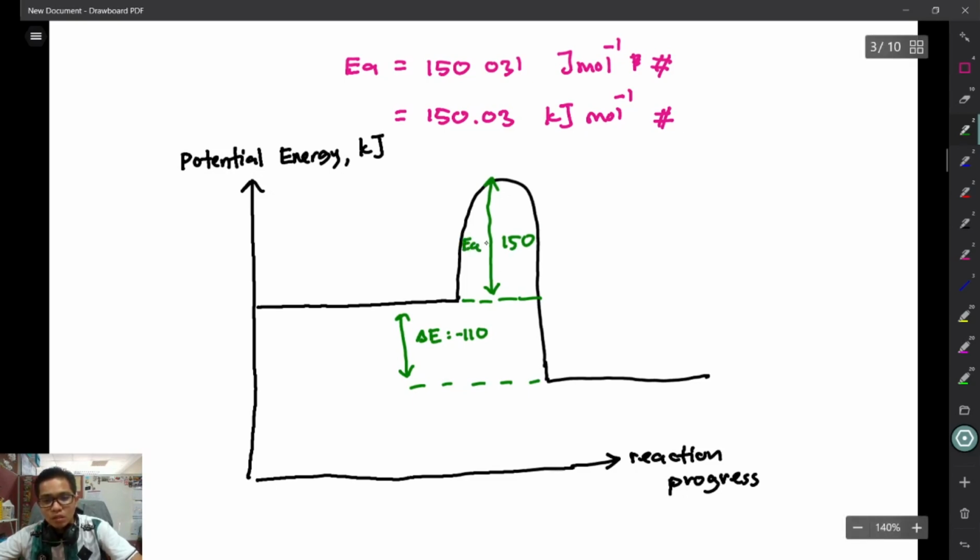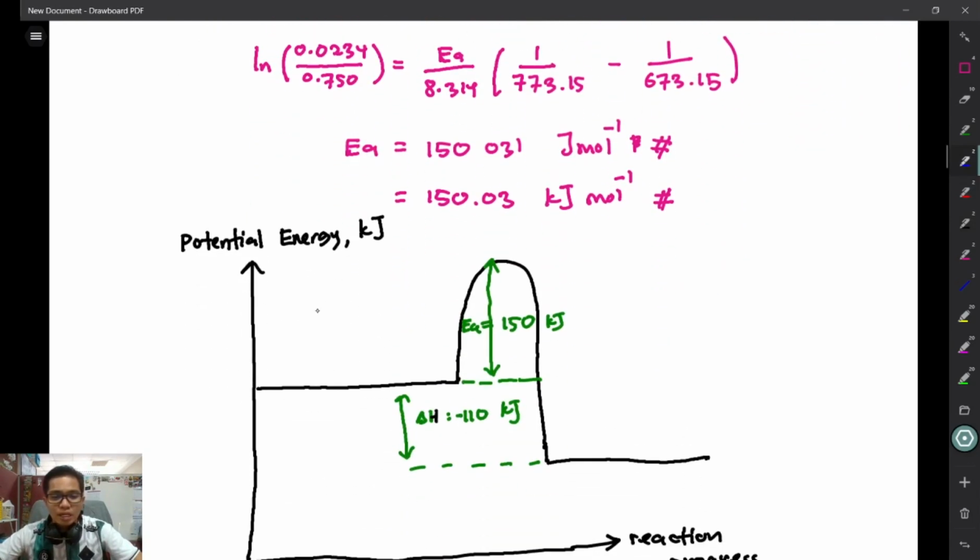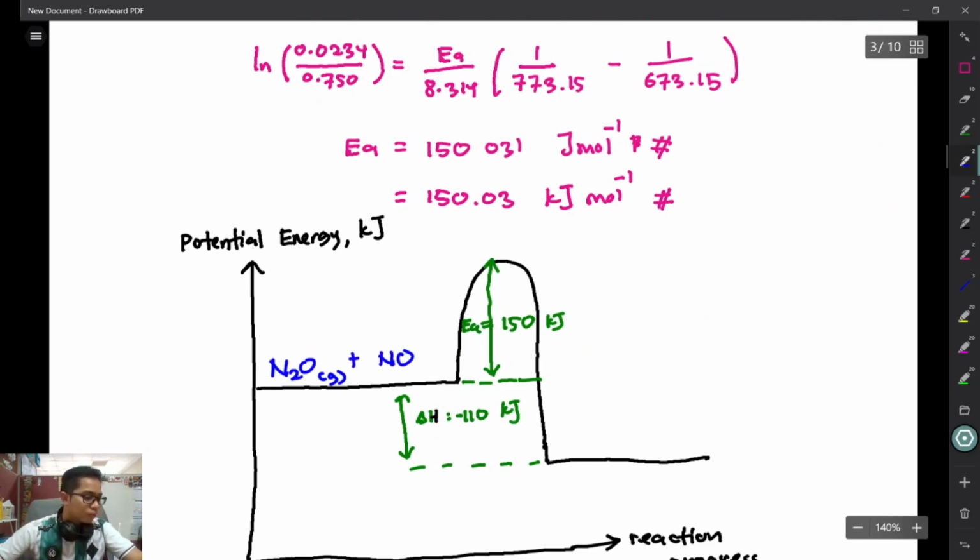This is Ea in kilojoule. No need to be very skilled, just visually you see Ea is larger than your delta H. Then we put in our reactants, NO2 gas plus N2O gas, to produce N2 gas and NO2 gas.